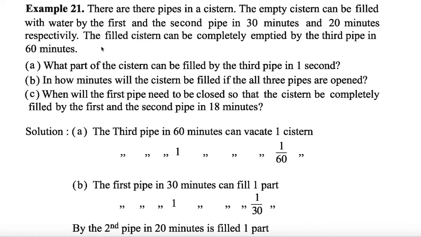The use of the third pipe is to empty the water. What part of the cistern can be filled by the third pipe in 1 second?